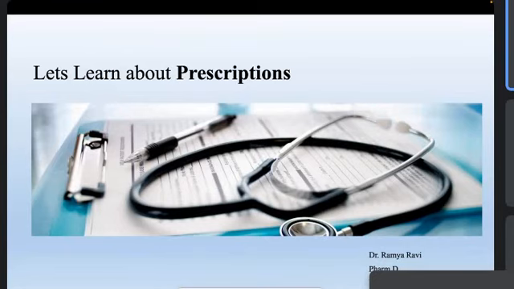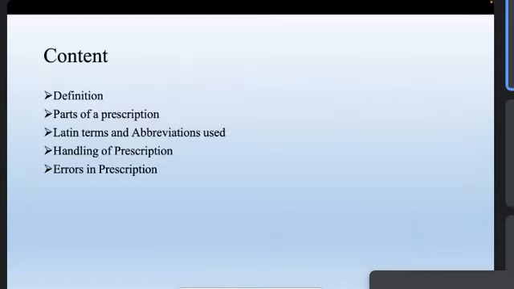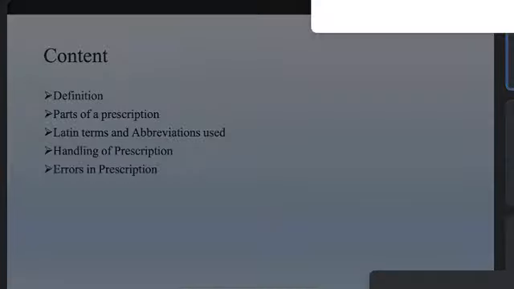Let us just brush up our basics. We will cover what a prescription is, the parts of a prescription, the Latin terms and abbreviations which are used, which was a very important question that kept coming again and again, then how we handle a prescription, and errors in prescription.